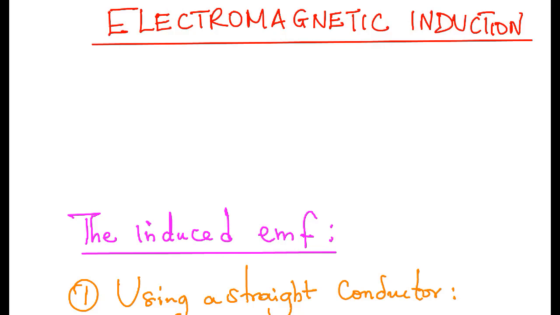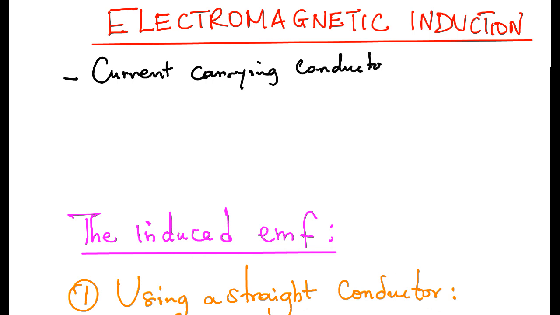Electromagnetic induction. In Form 2, we learned that a current carrying conductor has a magnetic field associated with it.